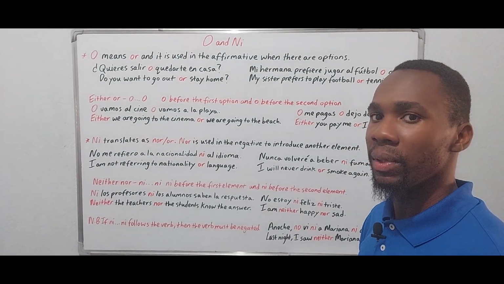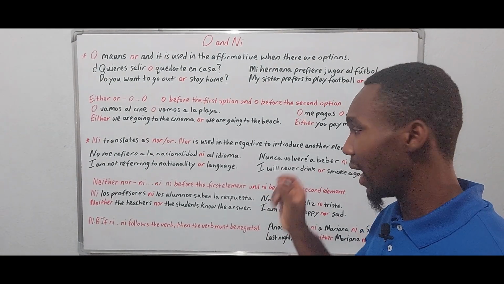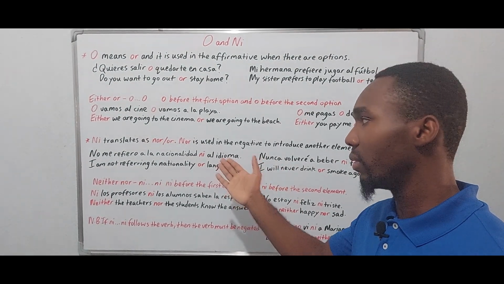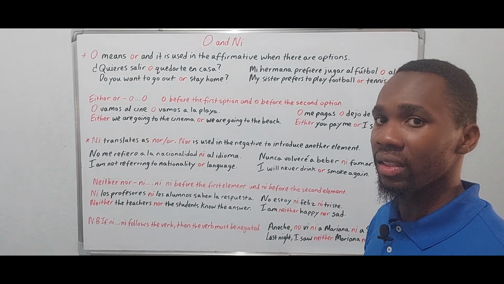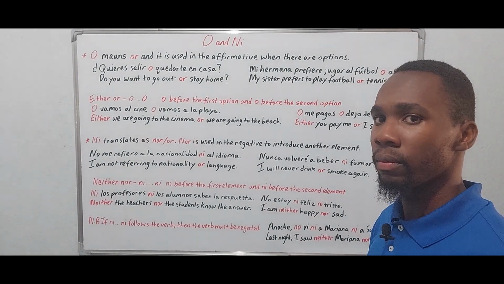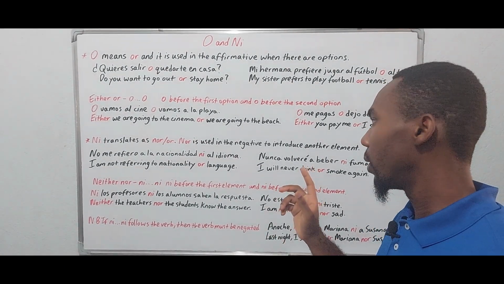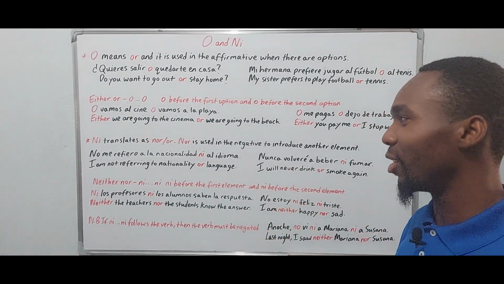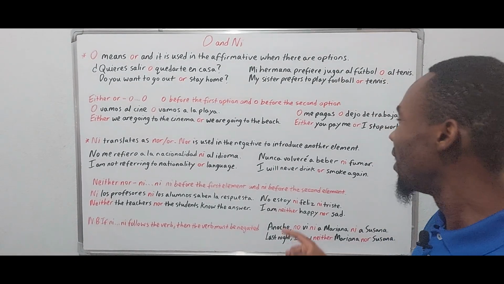No, that would be incorrect. I have to use ni because it's negative, right? Because as you know, in Spanish, double negatives are permitted. In English, no. Yes, that point is coming soon, but let me continue.